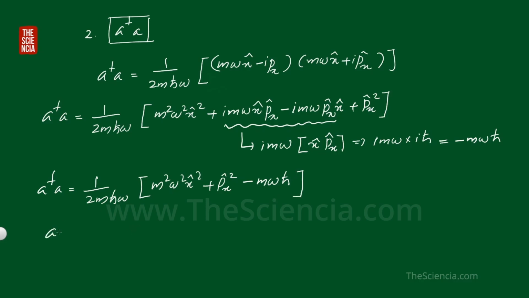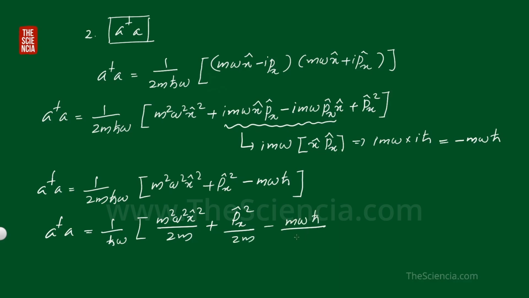Now, as we did earlier, we can multiply this 1 by 2m inside, that is 1 by h cross omega into m square omega square x cap square by 2m plus px cap square by 2m minus m omega h cross by 2m. So we can cancel these terms, right?